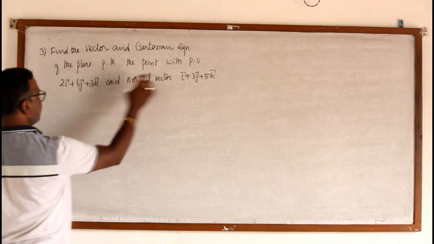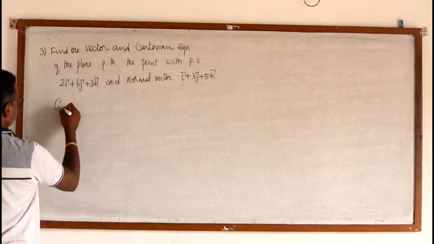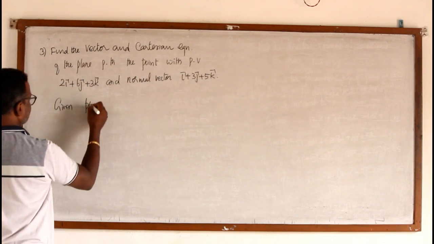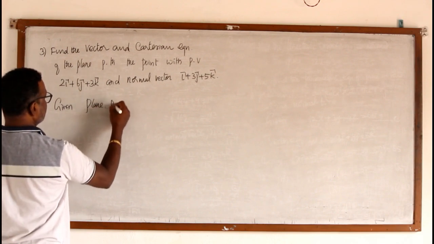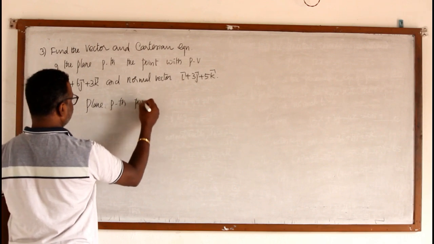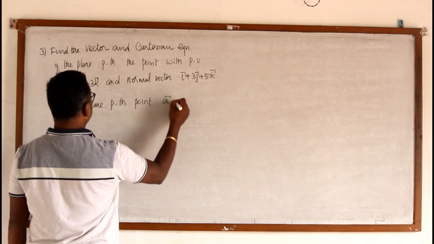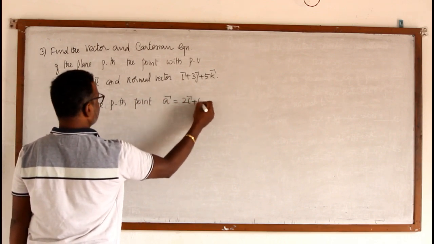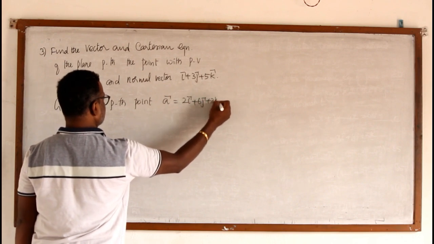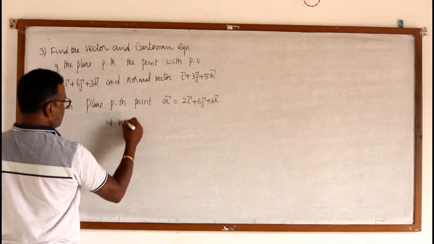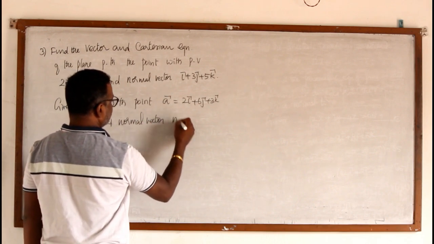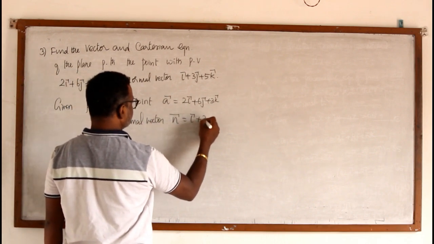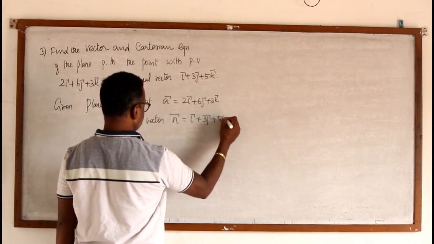So one point and one normal vector are given. The plane passes through point A vector equal to 2i + 6j + 3k and the normal vector n is i + 3j + 5k.